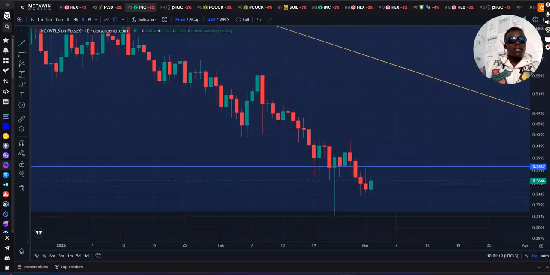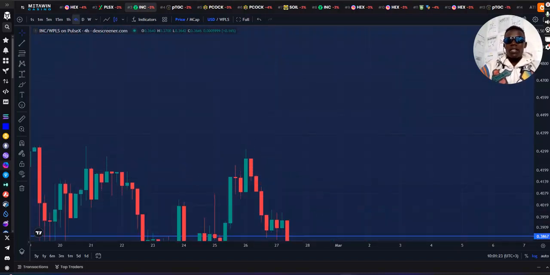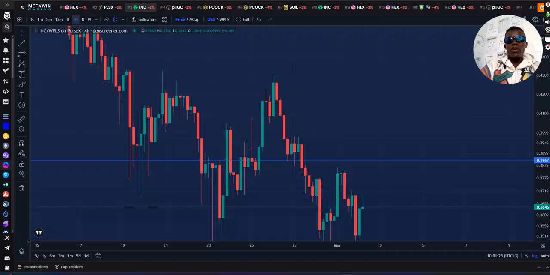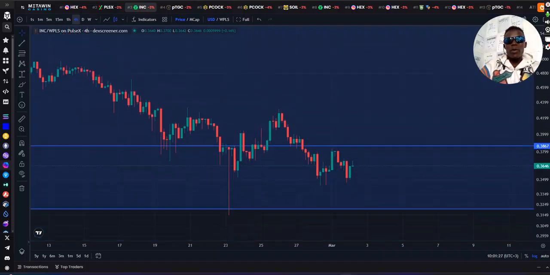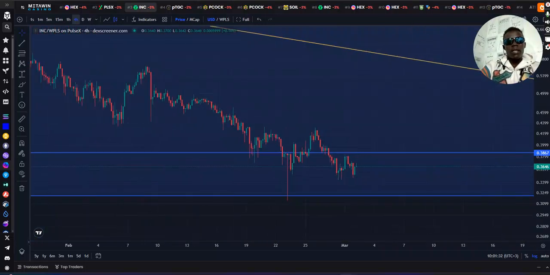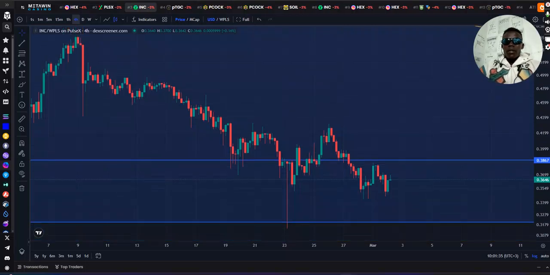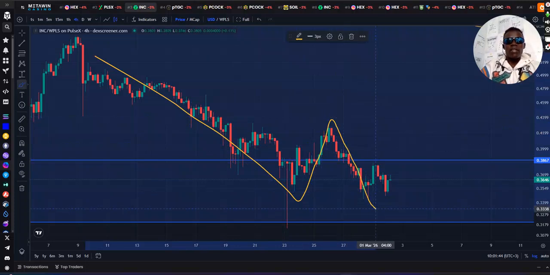Yeah, so by narrowing down, you get good entry points, and these entry points determine your ROI, your return on investment, the price that you have, the amount of money that you've put in the asset. So you can see it's creating the W again that I had talked about.